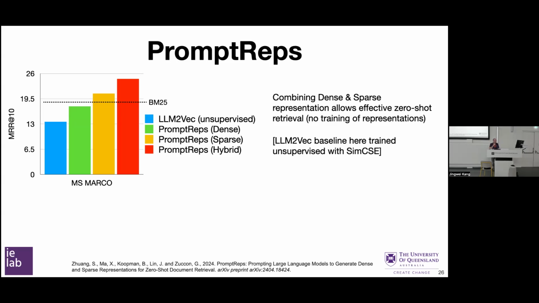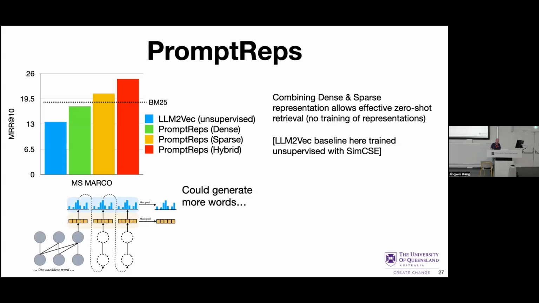The experiments that we have run show that these representations independently, your dense representation, your sparse representation, are okay, but not particularly good. But when you combine the two representations together, then you actually get some interesting results. And this is without any further contrastive training.